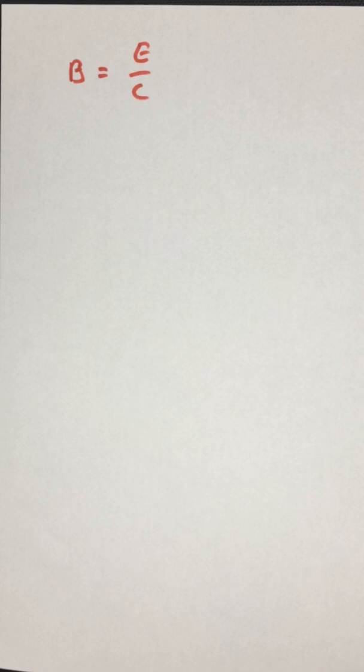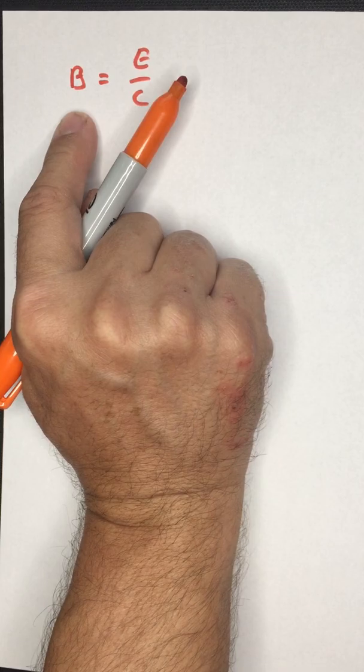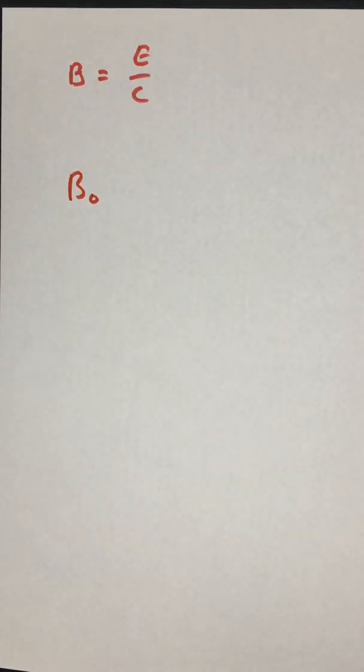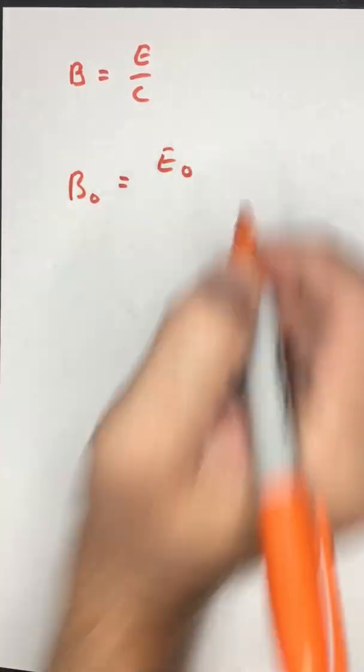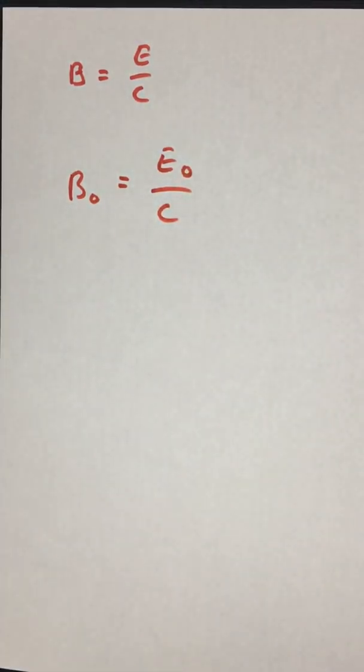What we generally do is look at the maximum value of the B field and the maximum value of the E field, which, as I've said, occur at the same time. Now, if that's the case, if we just agree to call the maximum value of the B field some B naught, that means that this is equal to the maximum value of the E field, which we'll call E naught over C. So both of these equations are true.